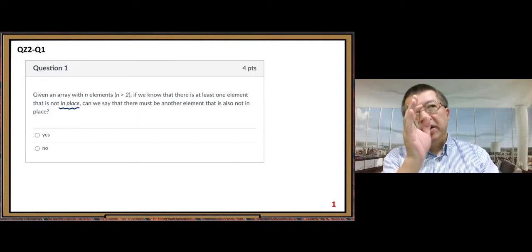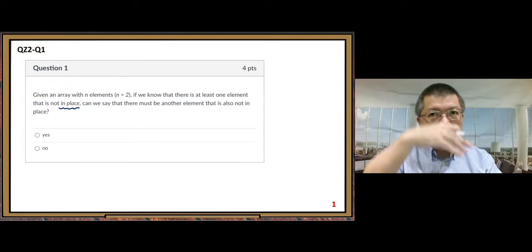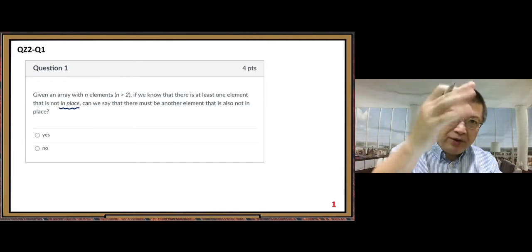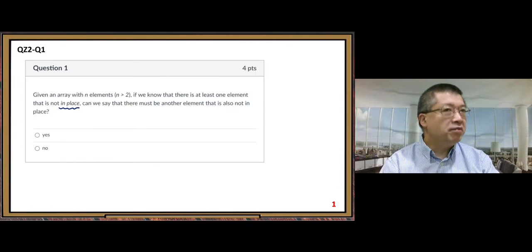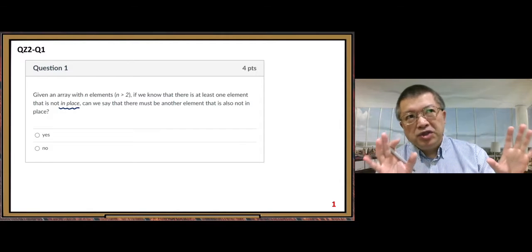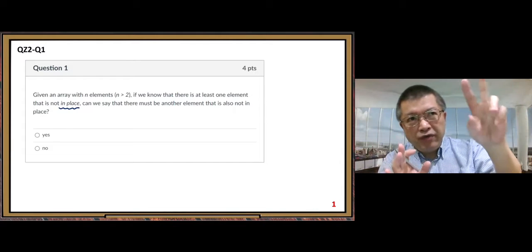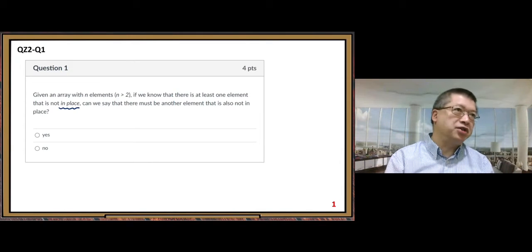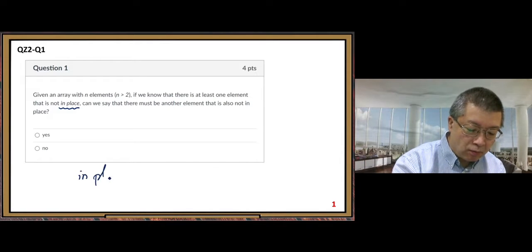Before we look at this question, let's first understand "in place" correctly, because you may get confused. Some students pointed this out. What's the exact meaning of in place? We have 2 different meanings for this class.